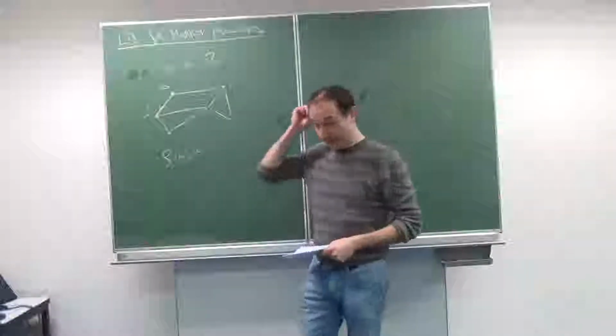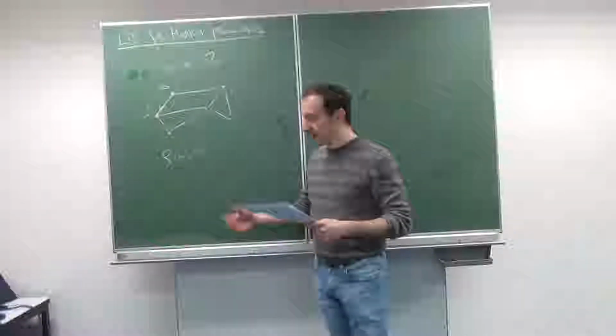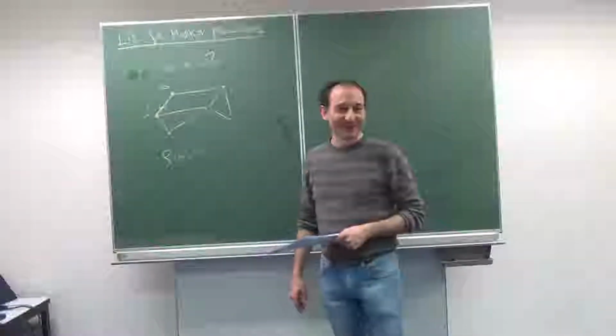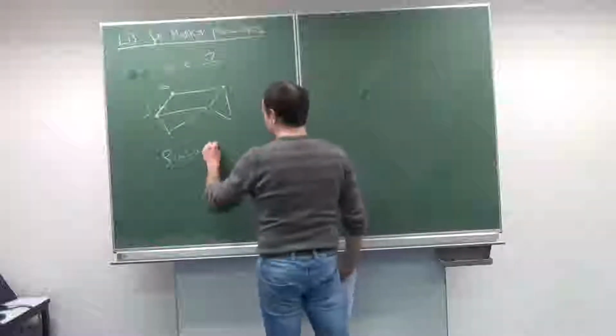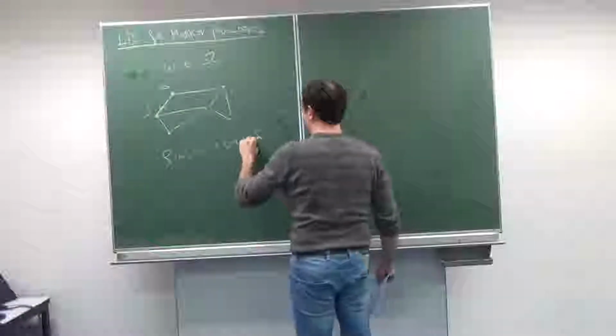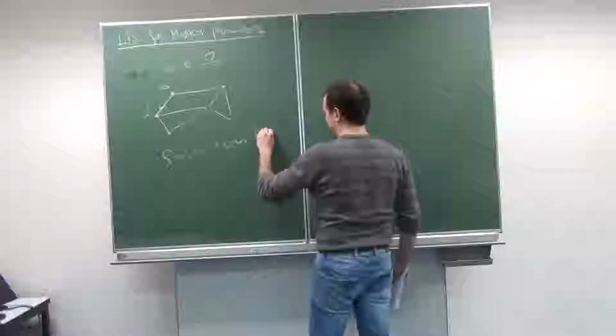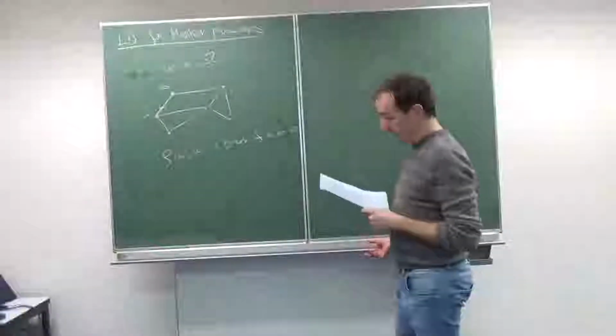Mathematicians do the opposite. Actually, they have good reasons for doing the opposite, but I'm used to the physicist convention, so I will stick to this. So this is the probability of jumping from omega to omega prime, okay?